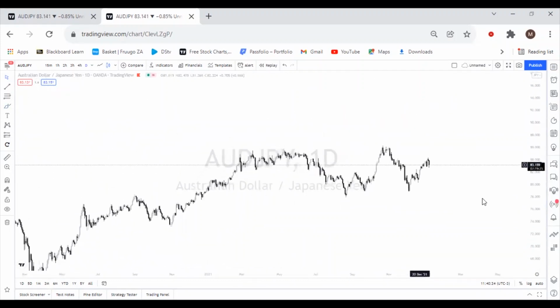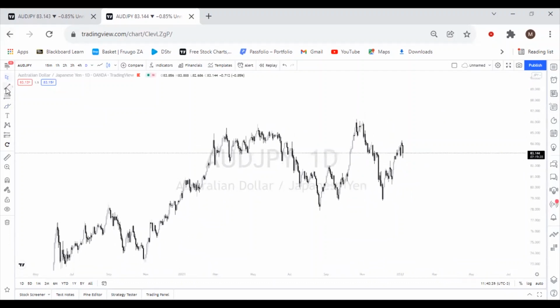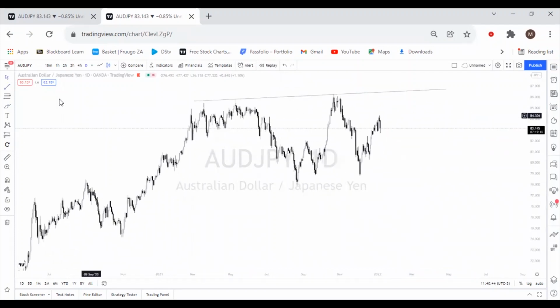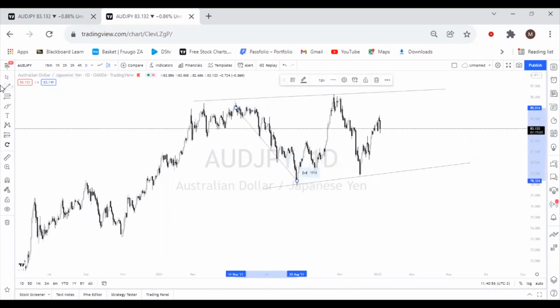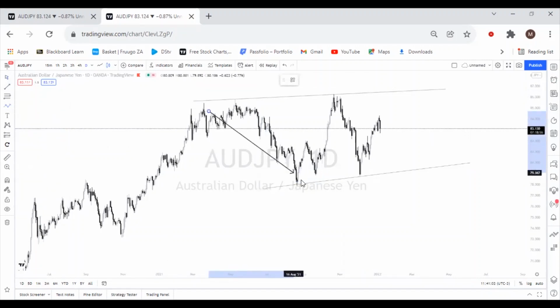So moving on to a descent scale. You can see we have this resistance zone right here, and at the bottom there's a strong support, which is a double bottom or a W. Okay, I'm sorry, I used the wrong tool. Let me just get the right one. It's a W formation for those who don't know the basics.